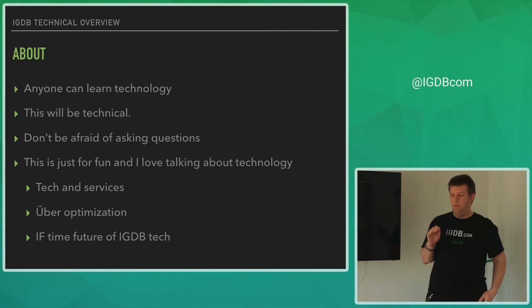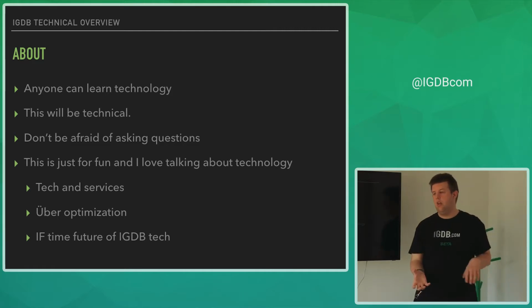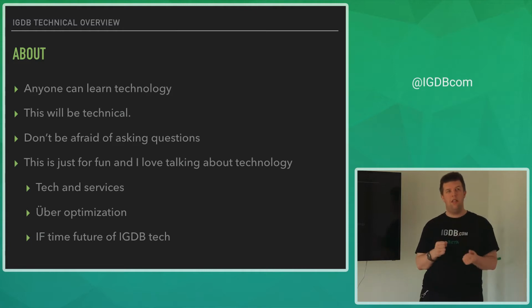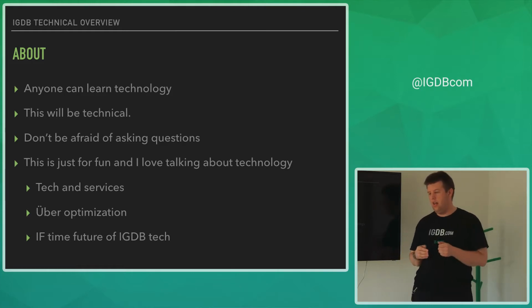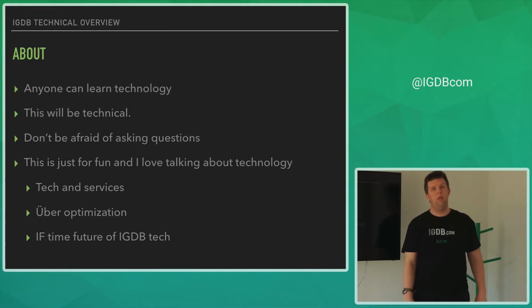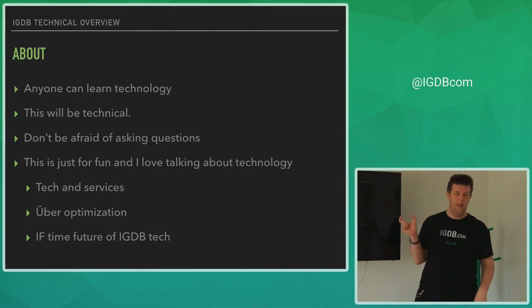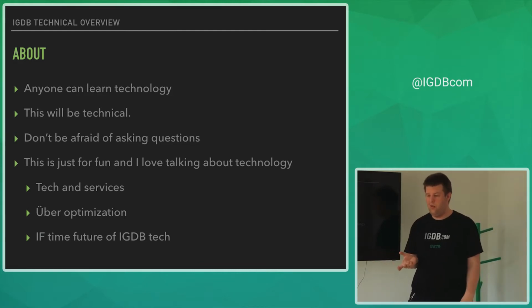So we begin with some of the core technologies and services we use at IGDB.com, and then continue on with Uber optimizations I did, which was super awesome, therefore I want to talk about it.